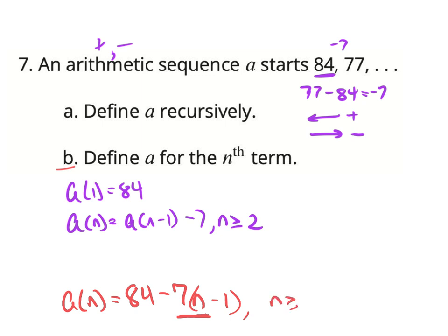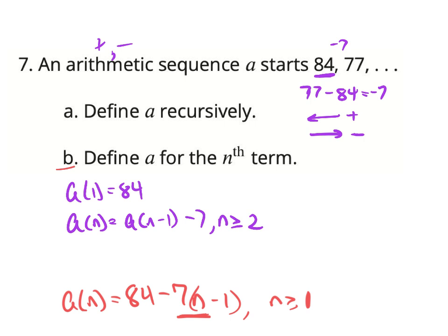Now, this is n is greater than 0, because if we put the 0 in there, you'll get the 0th term. You can put the first term, you need the n minus 1. Let's not do this as 0. Let's do this as 1. And that way we'll all be in agreement.